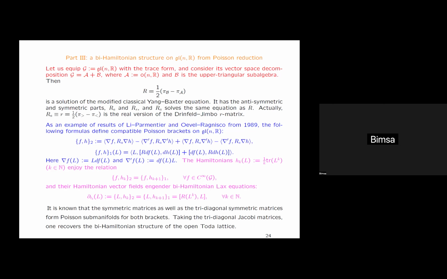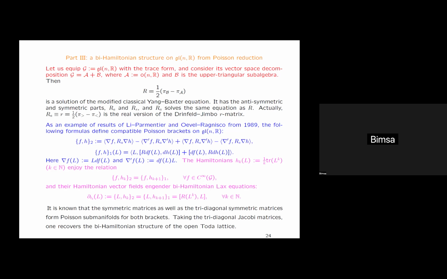But before saying that, let me mention another well-known fact: we have these compatible Poisson structures on the gl(n,R) associative algebra. Now it is a fact that the symmetric matrices form a Poisson subspace with respect to both of these Poisson structures.